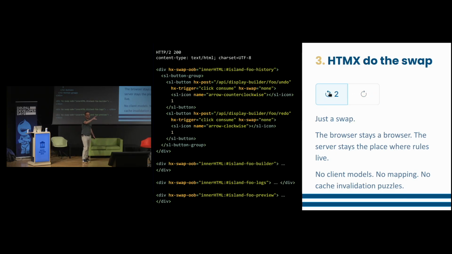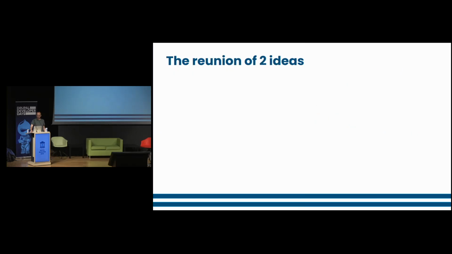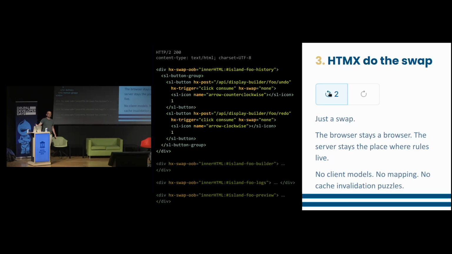You only have the markup, one after the other, of the islands. And for example, here we can see the markup of the undo and redo buttons, with a new value. That means no state in the browser. That's why it was so fast. That's why it was so simple and so nice to use, because no state in the browser.